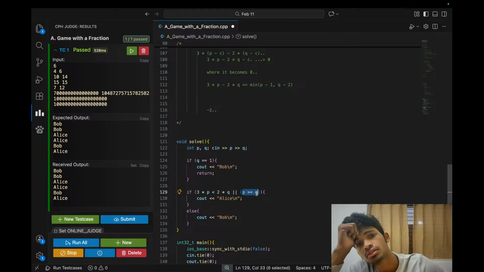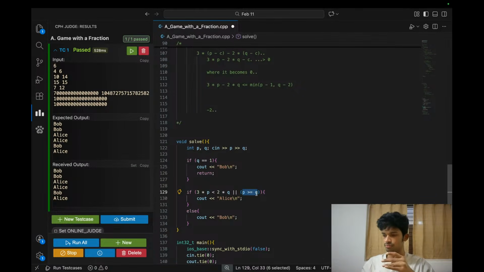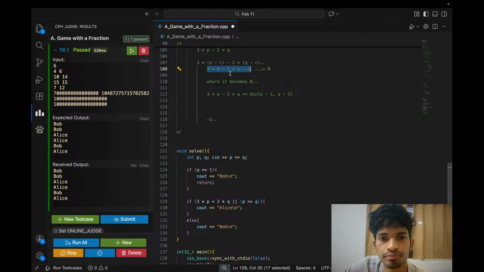What am I doing? So I'm very clear now. This value will always become minus 1, minus 1, minus 1, and finally it's becoming minus 2.